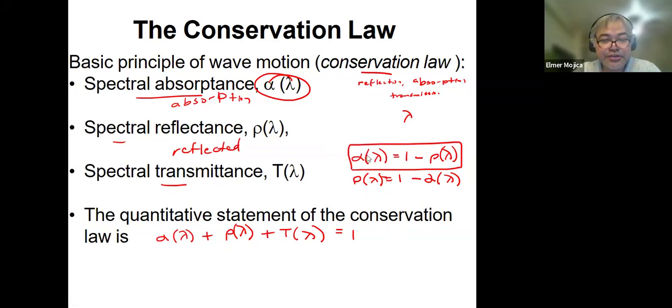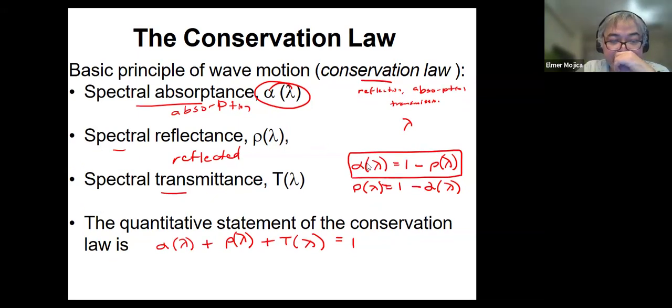So that is, we could say, the conservation law.